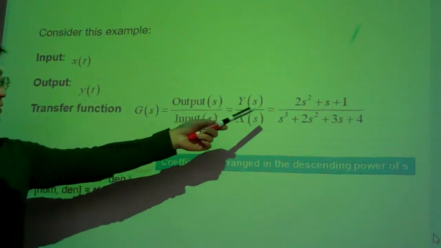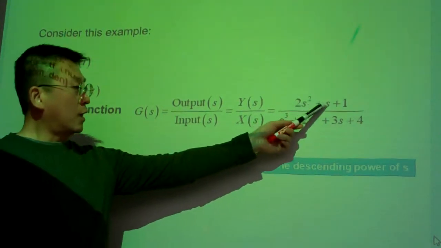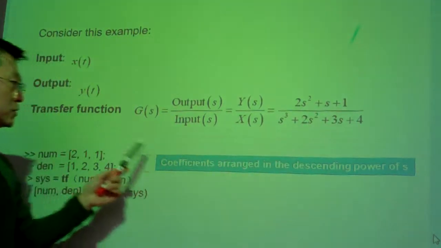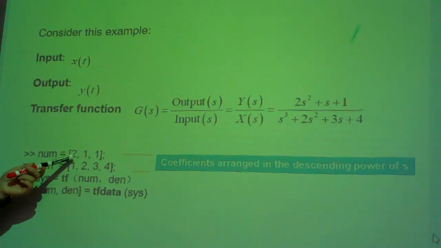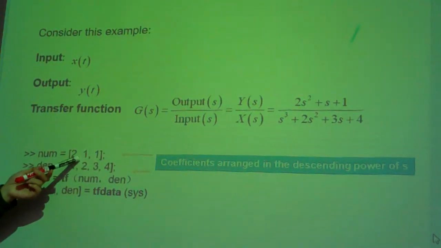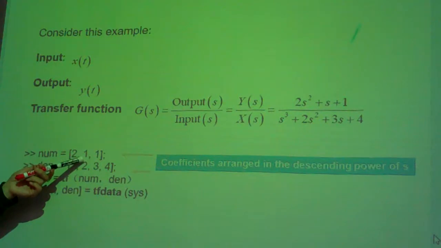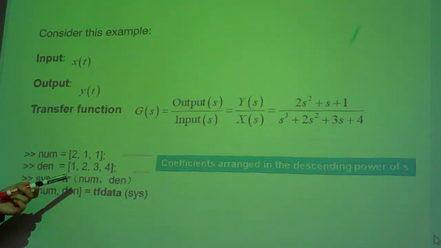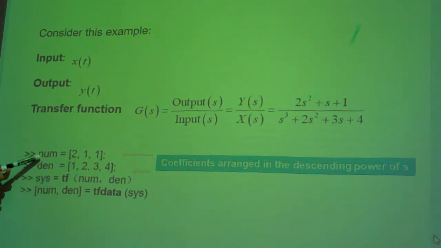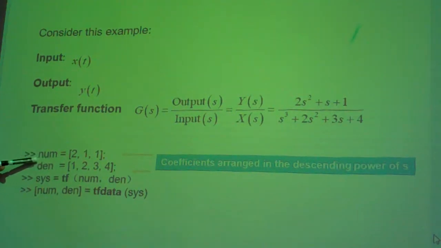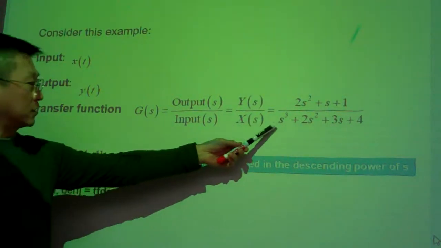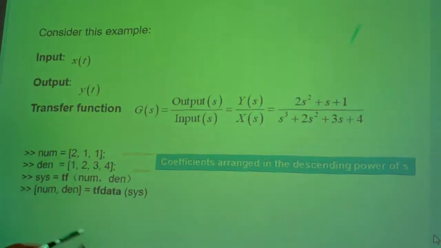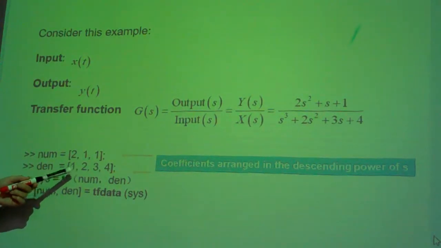So for example, here is the highest degree, then the first degree, then degree 0. You put in the coefficients in descending order, 2, 1, 1, separated by a space or by a comma, either way. You put that in and name it, and you can give it any name. The denominator is the same thing: you start from the descending order 1, 2, 3, 4, separated by a space or by a comma.